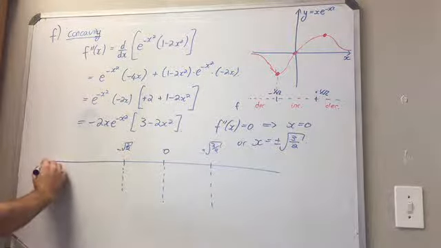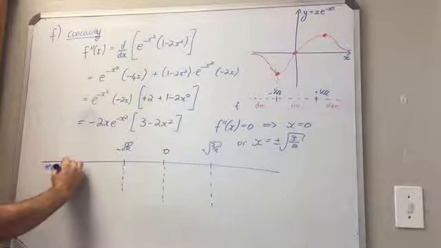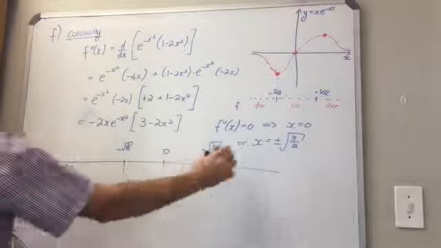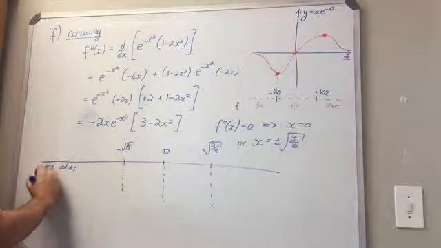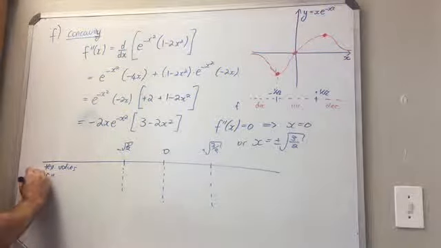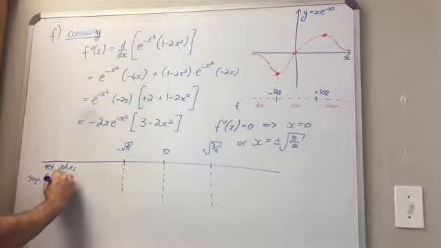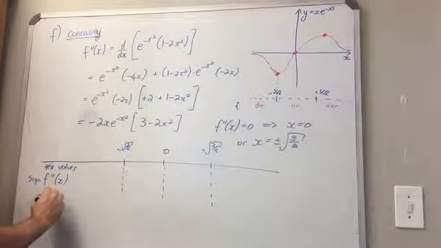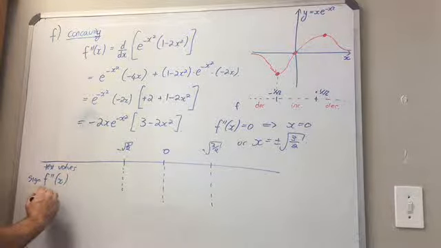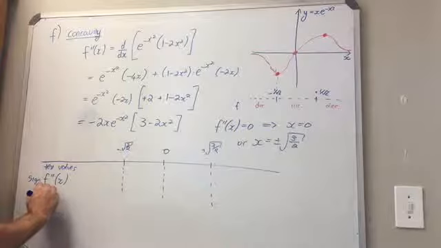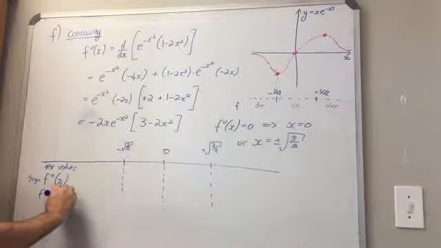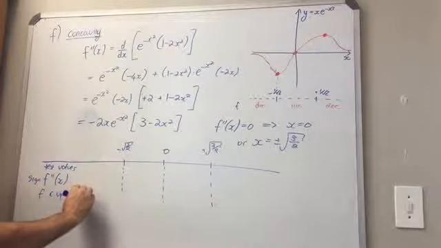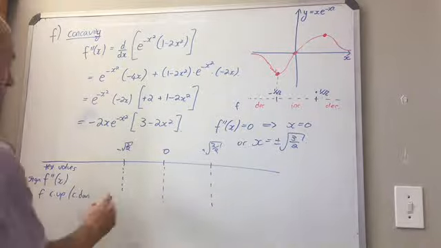We choose test values in each of these intervals. We've now created 4 intervals. We determine the sign of the second derivative by adding those test values, and from that we can determine whether the function is concave up or concave down on those intervals.